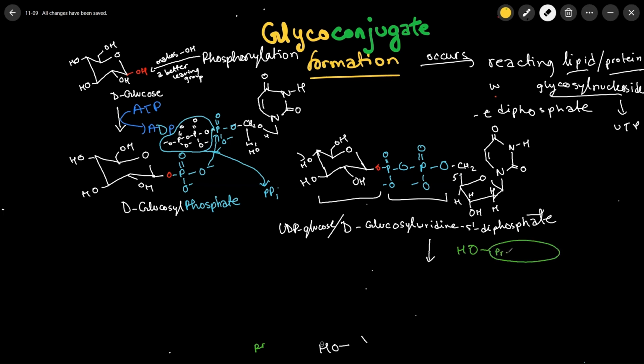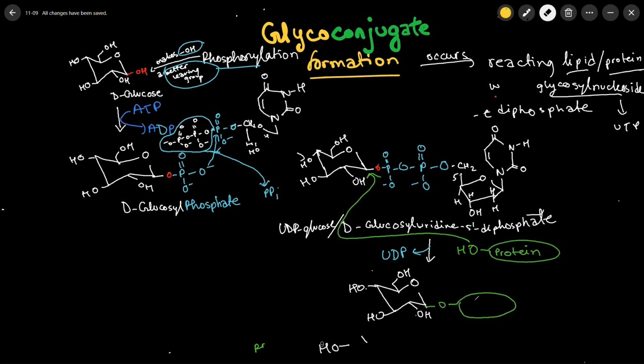Then we add the protein or the lipid, and here the UDP, which is the uridine diphosphate part, leaves. D-glucosyl gets bonded to the protein or to the lipid. Then we get a glycoprotein or a glycolipid.